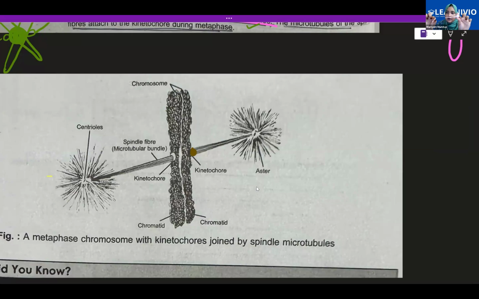Now, if I say that the spindle fiber is shortening, what will happen? The centromere is going to move away like that. Along with the centromere, the chromatid that was attached to it is also going to go away. So the two chromatids that were together, once the spindle fibers start to shorten up, will start to separate.